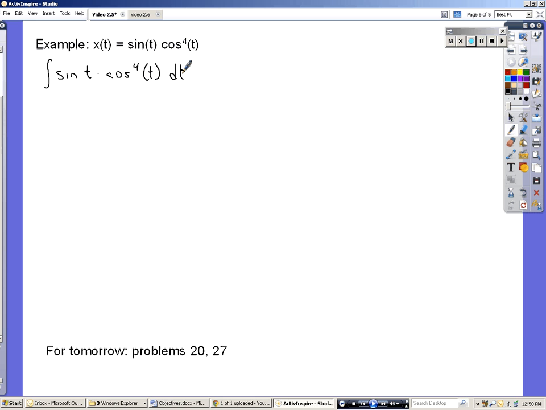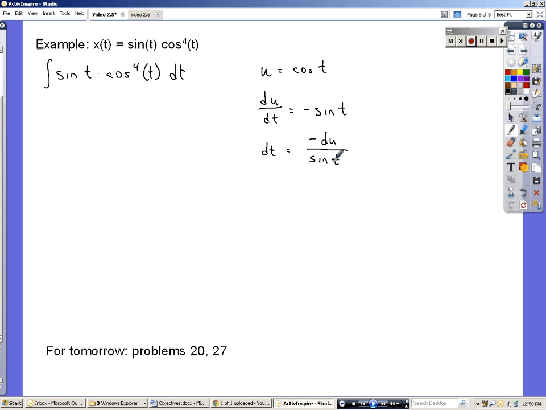So our u substitution in this case is going to be a bit more complicated, but we'll say that u is equal to cosine t. And du dt is equal to negative sine t, with the result that the dt is going to go away along with the sine. So we'll have dt is equal to negative du over sine t.